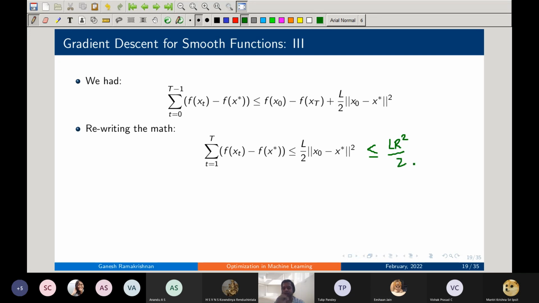Okay, and what else can we do? So this is fine. And what can we do about f of xt minus f of x star? What did Lipschitz smoothness guarantee?